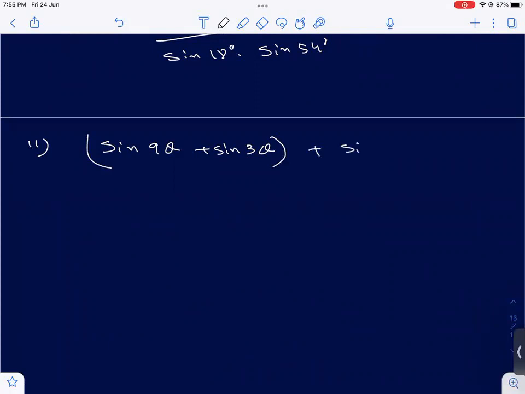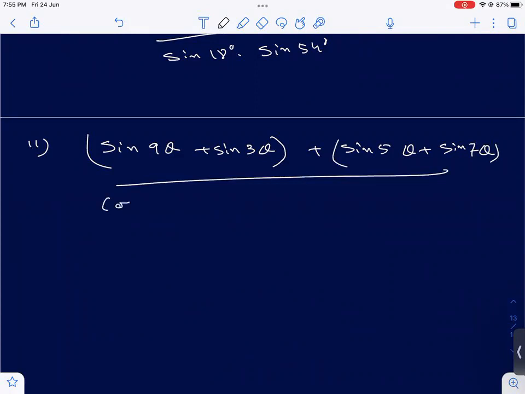In this way you have to proceed: select such that you get a common factor. Similarly for the denominator, cos 9 theta plus cos 3 theta plus cos 7 theta plus cos 5 theta.